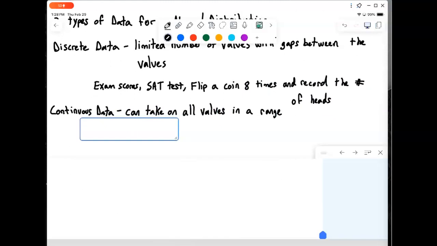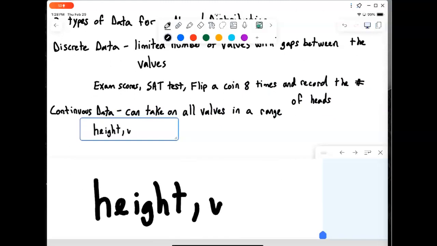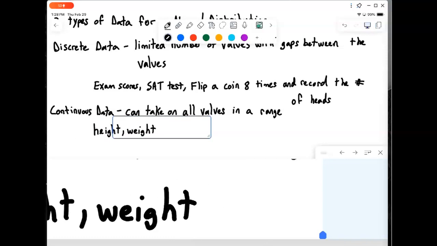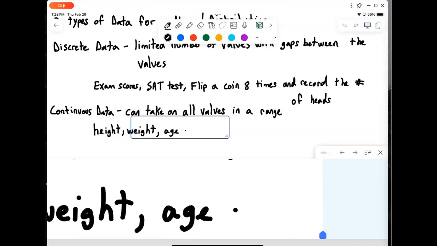So things like height, weight, again, weight of infants, height of. Another one here, it's kind of interesting. If you look at the ages of trees in a forest.